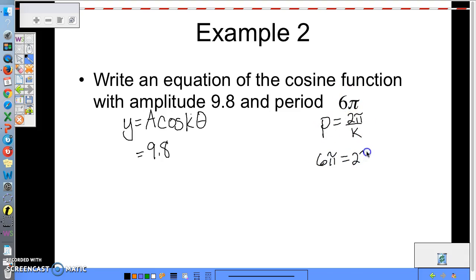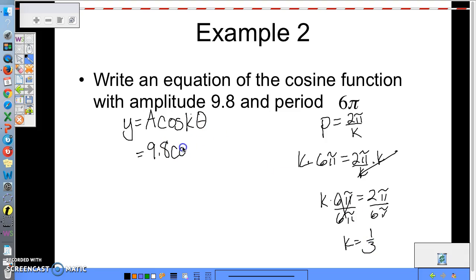So 6 pi equals 2 pi over k, multiply by k. So we have k times 6 pi equals 2 pi, and we can divide by 6 pi. So k equals 1/3. So this is the cosine of 1/3 theta.